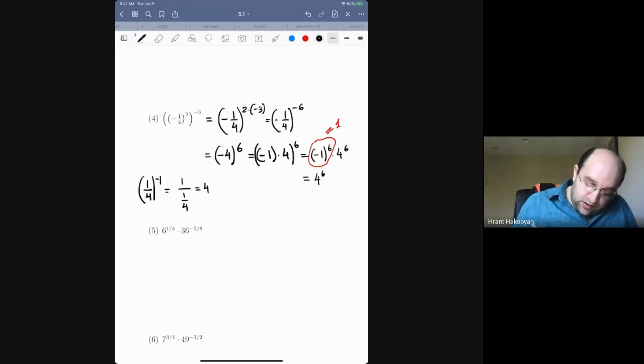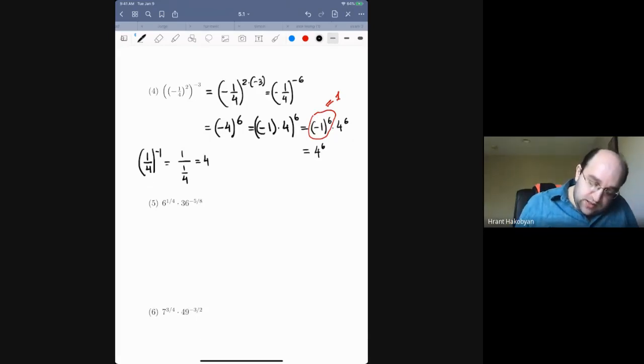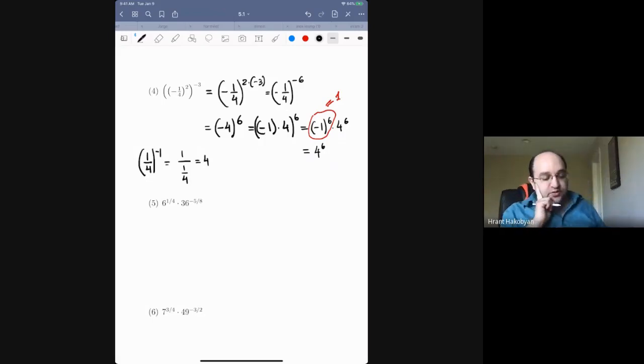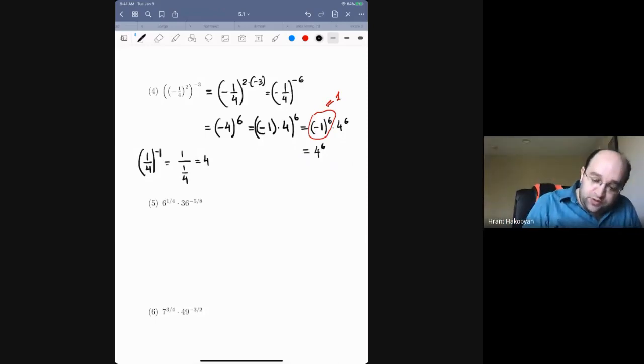Okay, so next one is this one here. Here we have to do a little bit of thinking. We're multiplying, so what we want to do is write this as a single exponential. We have two terms which look very different, this term here and this term here.